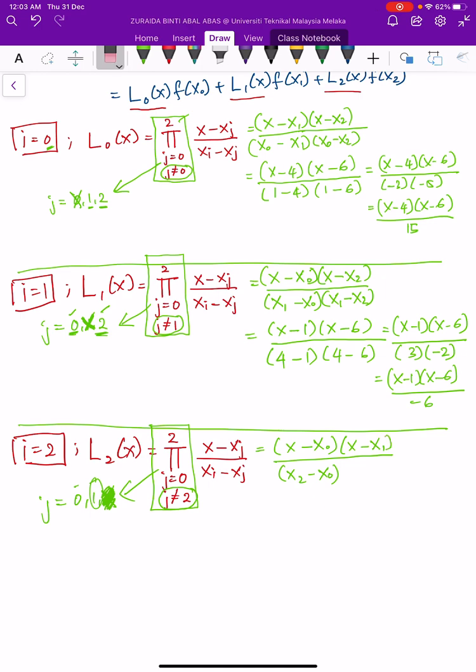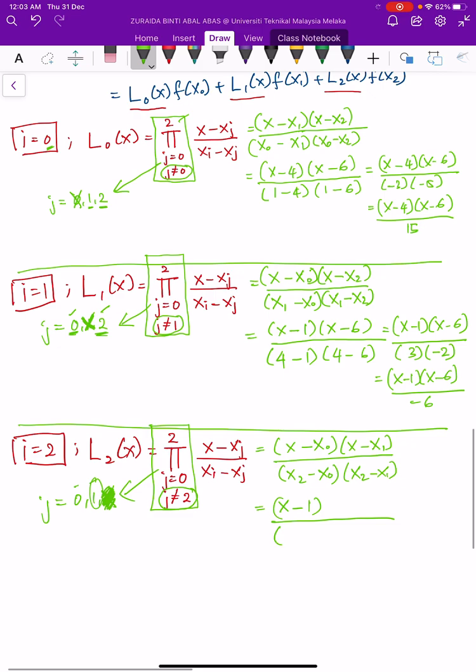Sorry, this one is x2, so x2 minus x1. Then we will have x minus x naught. Our x naught is 1.